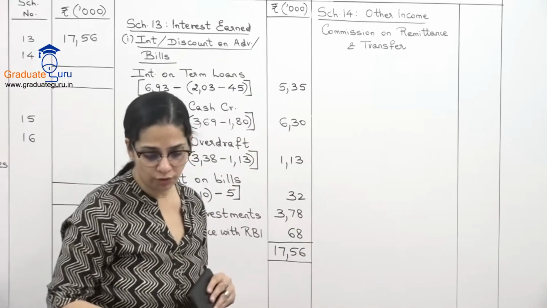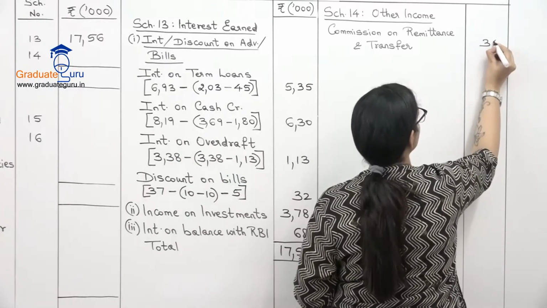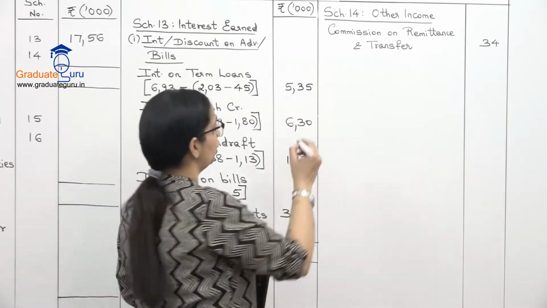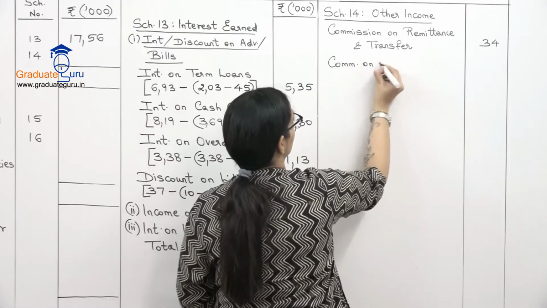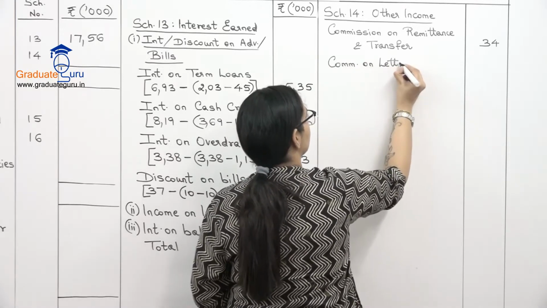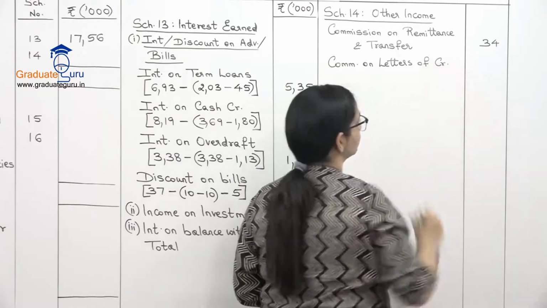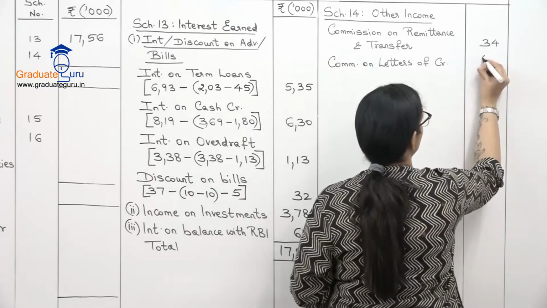No adjustment over here. I'll directly take 34 from the trial balance. Then the next commission is on letters of credit. And that is also from the trial balance, 53.